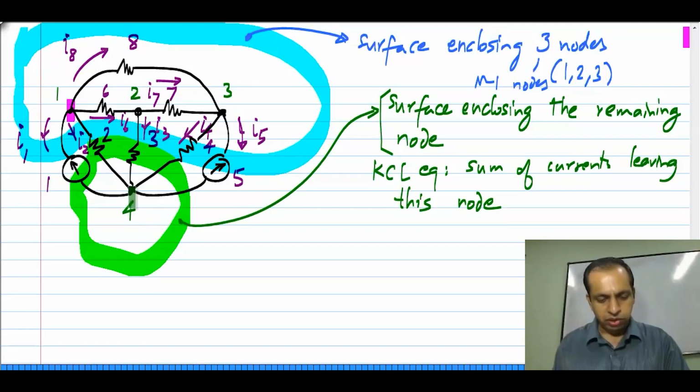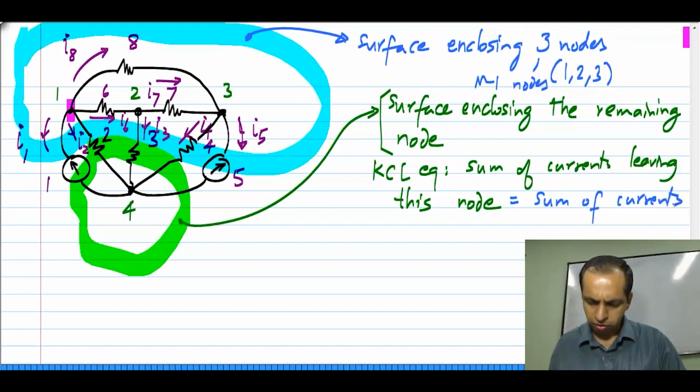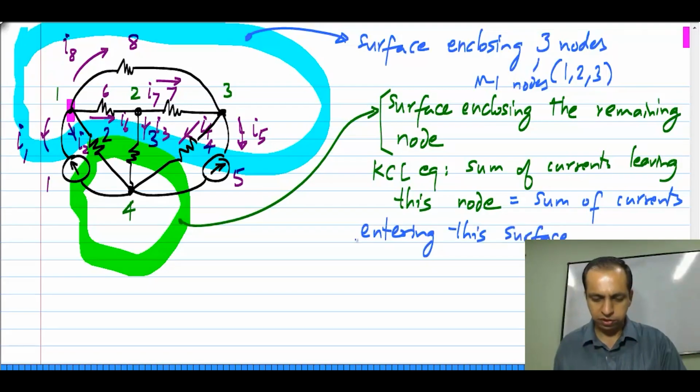So, the sum of currents leaving this node is exactly the same as the sum of currents entering the other surface. The sum of currents leaving this green surface here is obviously equal to the sum of currents entering the blue surface, because the blue surface encloses the rest of the circuit. So, this also equals the sum of currents entering this surface.